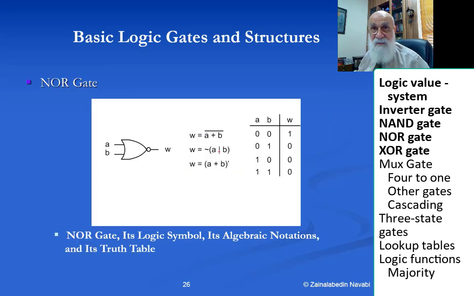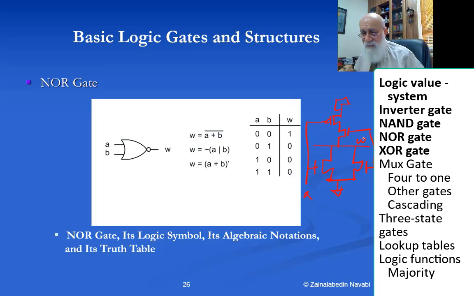This is a NOR gate, and again, to be complete, let's do the transistor circuit for the NOR gate. Okay, this is the A input, this is the B input.